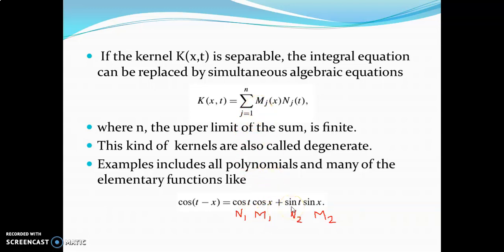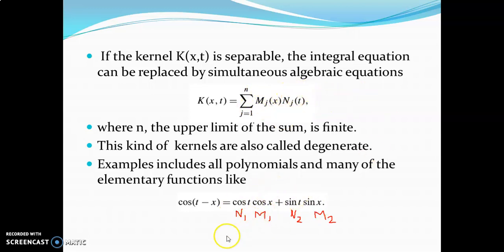Sin t is the function of t in the second term, so it can be written as n2 of t, and sin x is the function of x in the second term, and therefore it is m2 of x. So there are two terms here, and we have the summation j equal to 1 to 2 of mj of x into nj of t. That means m1 n1 plus m2 n2.